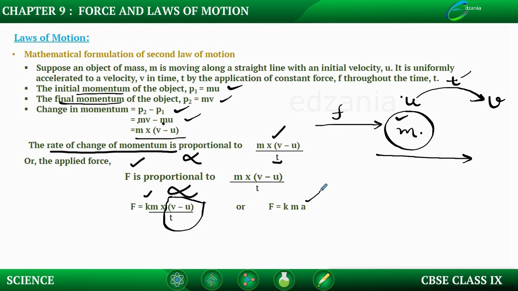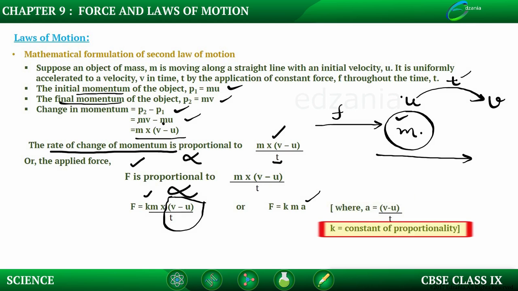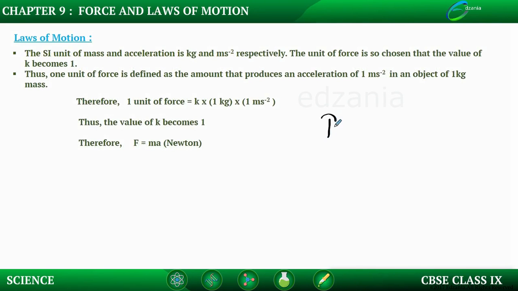Here force comes out to be F is equal to K into m into a, where a is equal to (v minus u) upon t and K is the constant of proportionality. So we have obtained F is equal to K into m into a.